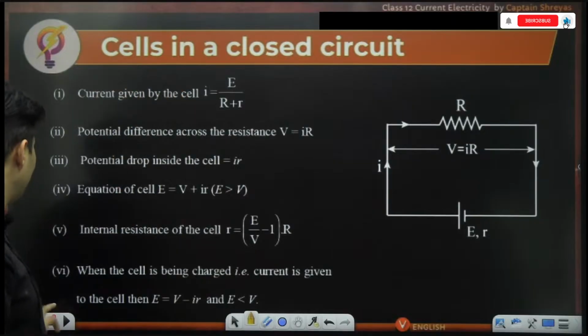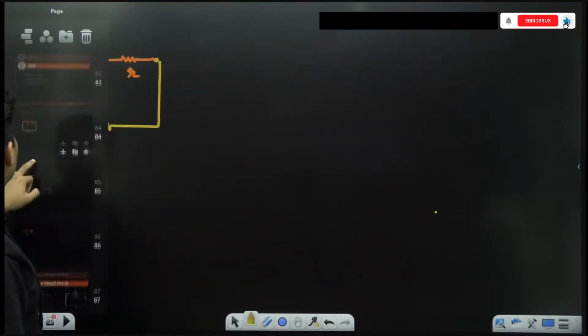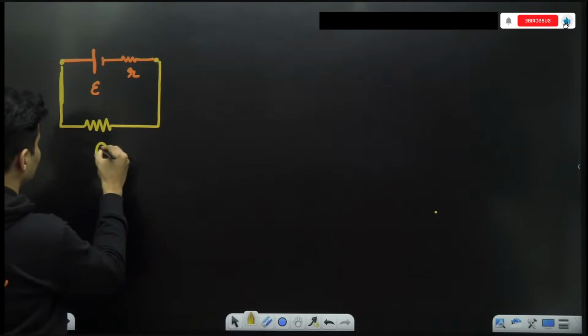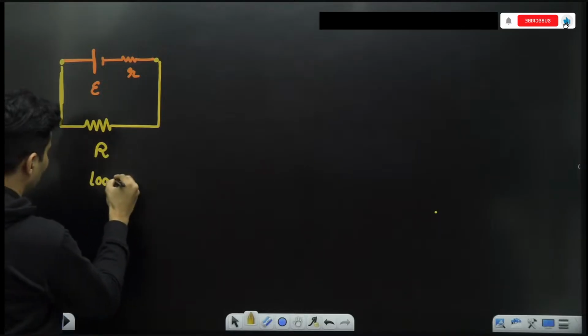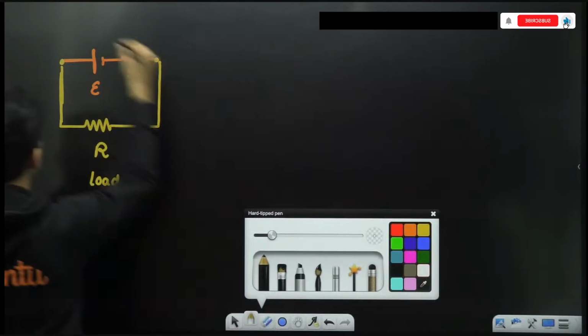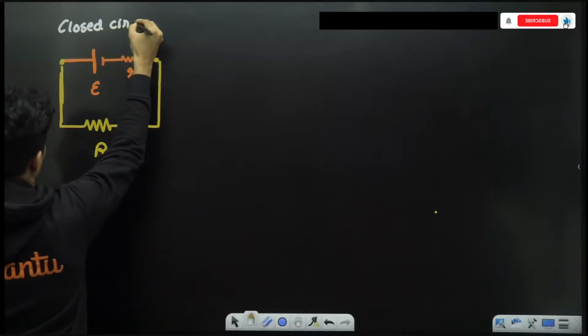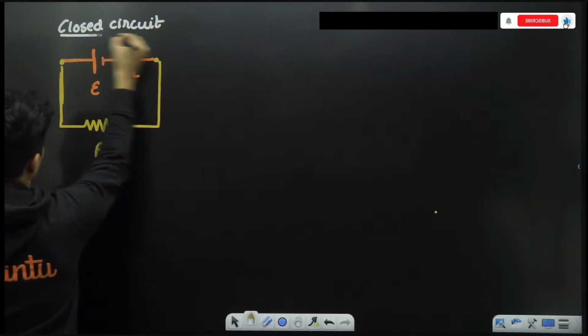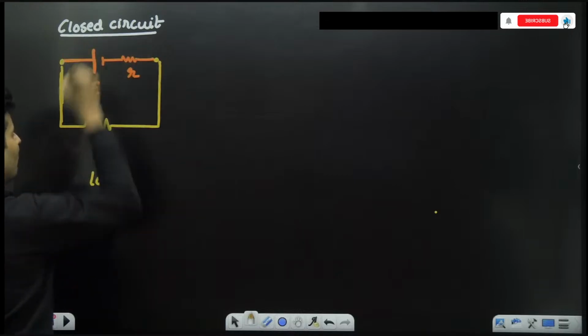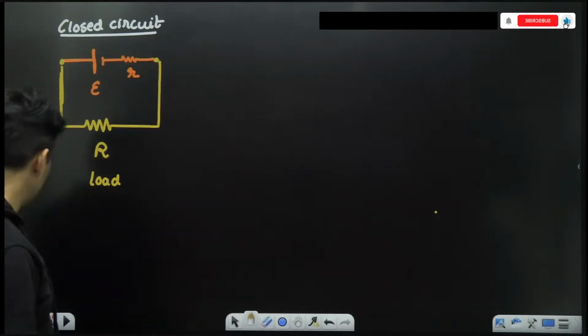It is a closed circuit. So the first thing is you are connecting it to some resistor, which is also called a load. So this is your closed circuit. Obviously, it is closed because you start from a point and you are able to come back to the same point. That's why it is called closed.